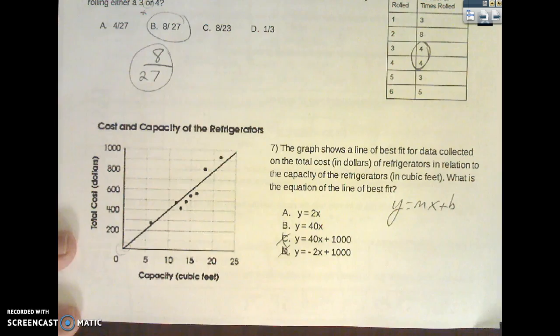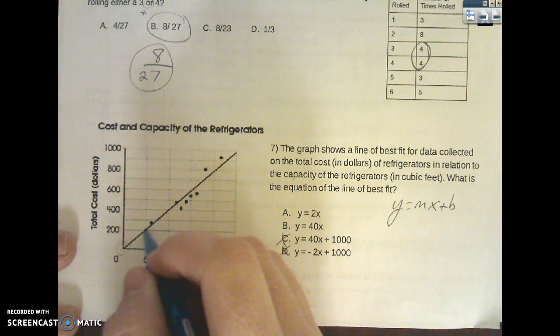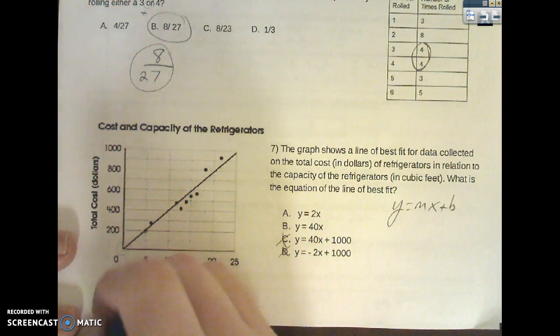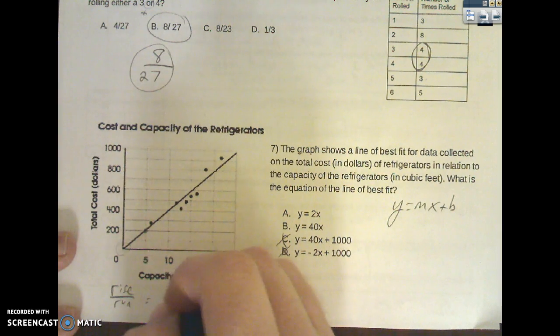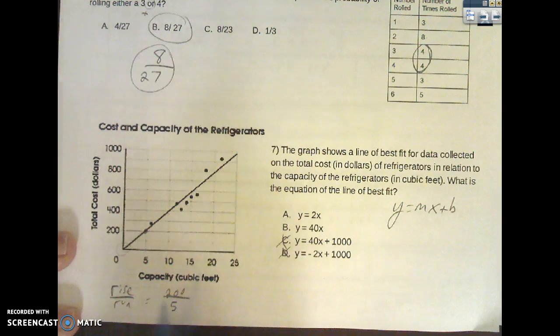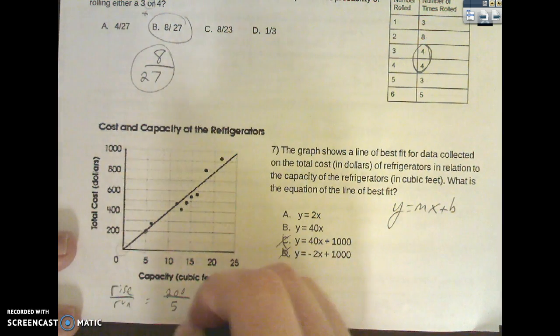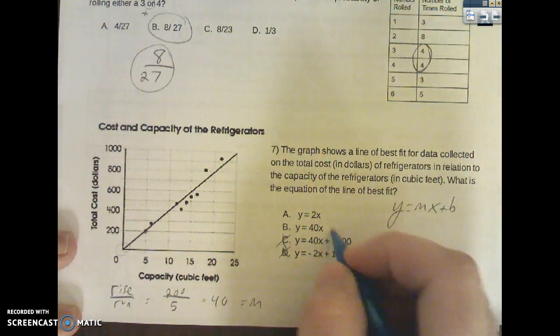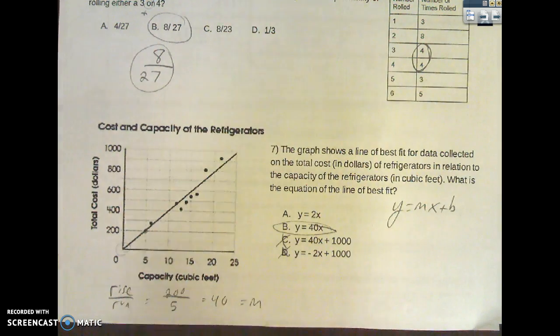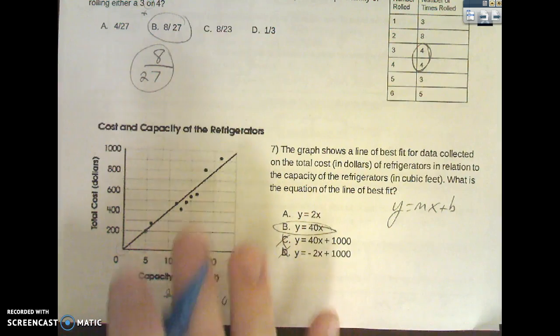Now, I'm looking for slope. Here's a tick mark. I'm rising up 200, and I'm running 5. So 200 divided by 5 is 40. There's my slope. B is my answer. Don't make it more complicated than that. That's all you're looking for, okay? Awesome.